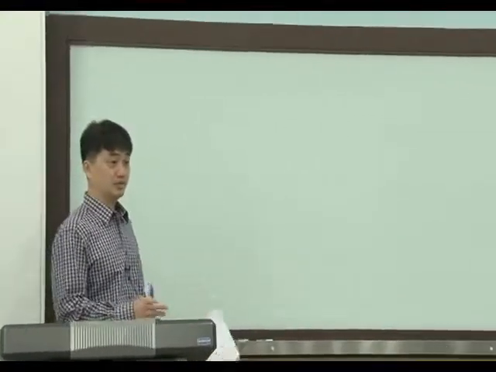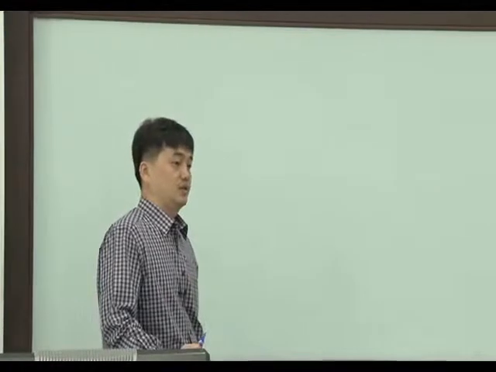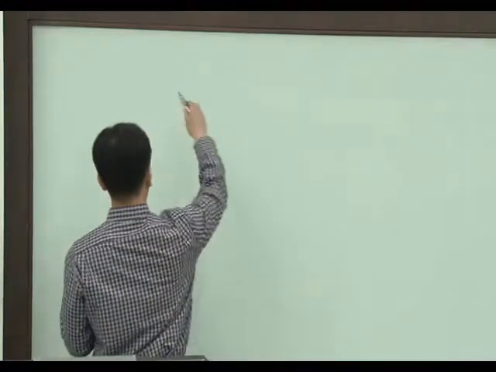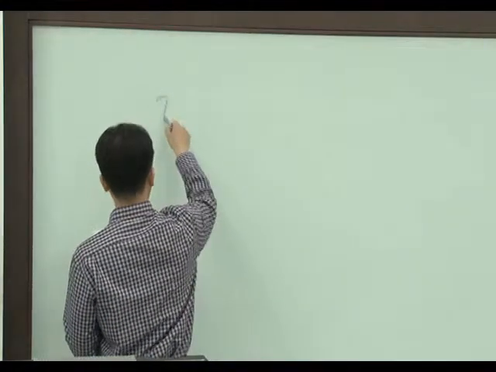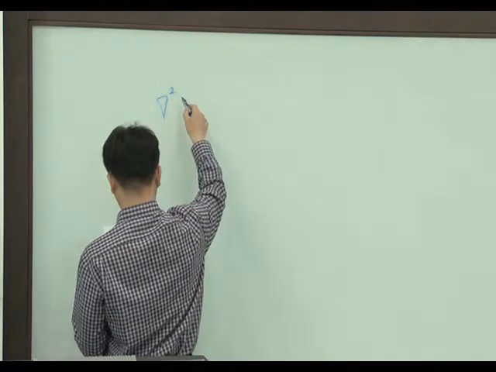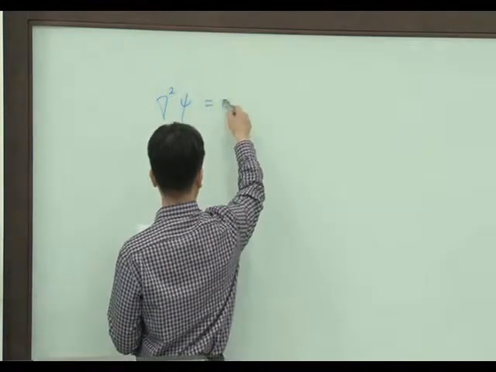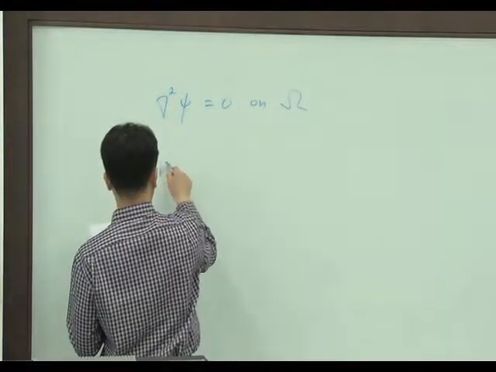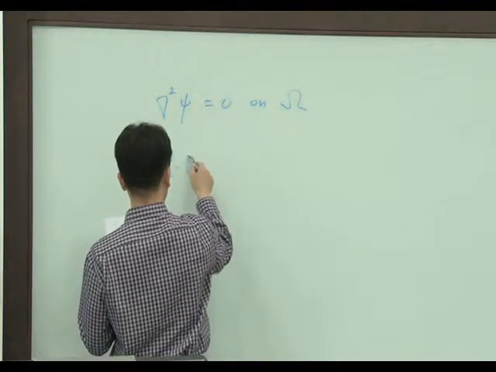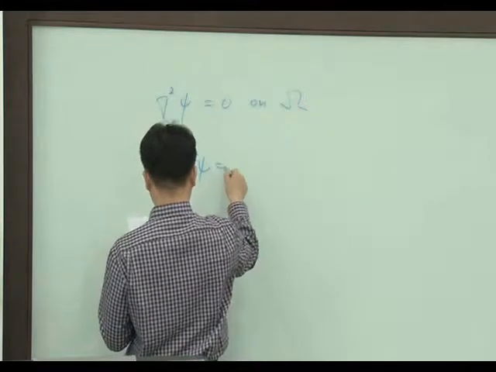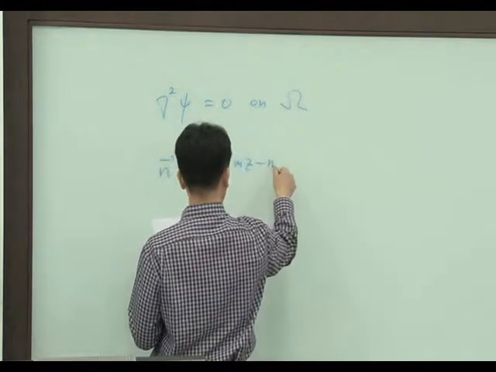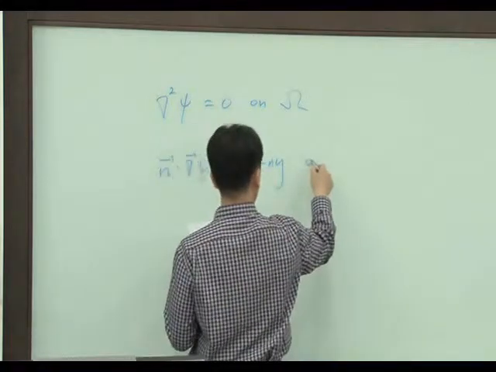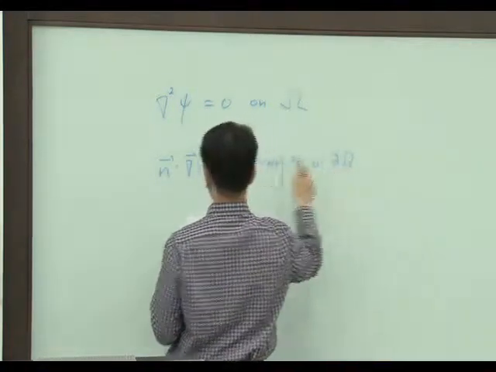So in the last class, we derived the Saint-Bernard equation. Okay. So you remember Saint-Bernard equation was this: equal 0 on cross-sectional domain, y on the boundary of cross-section.